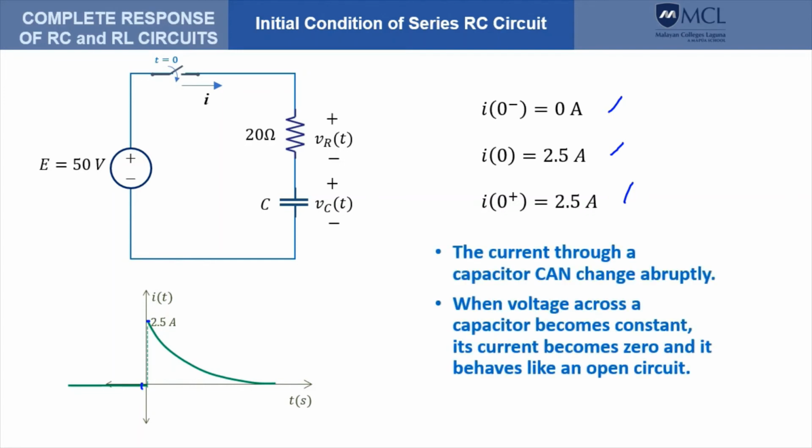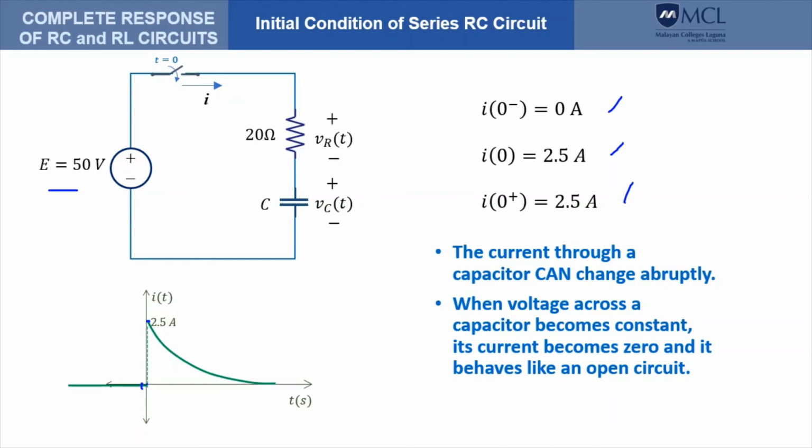So the current through a capacitor can change abruptly. As we can see in the graph, when the voltage was applied, the current immediately jumps from 0 to 2.5 in no time. So it changed abruptly. That is possible for a capacitor. What is not possible is the voltage.